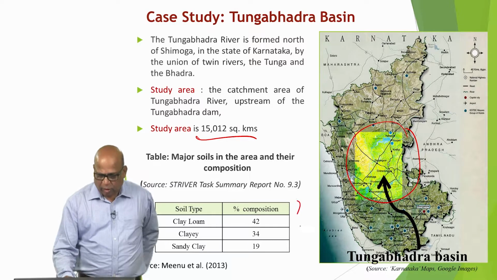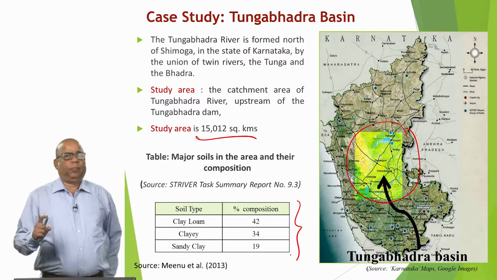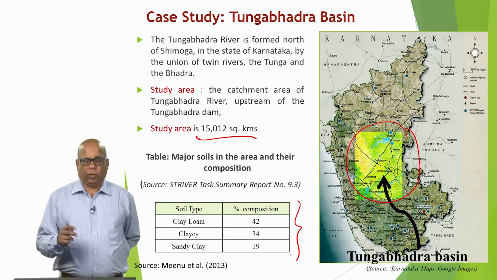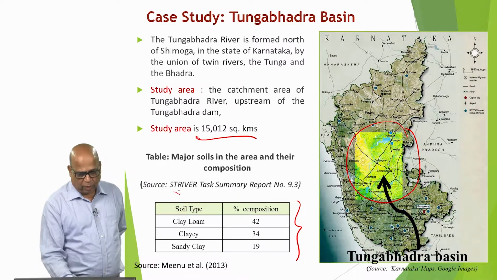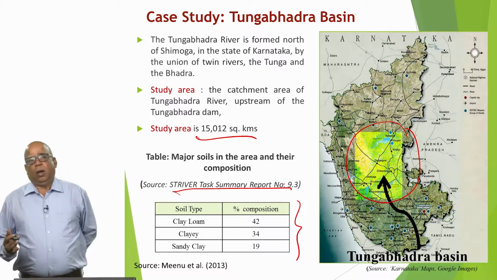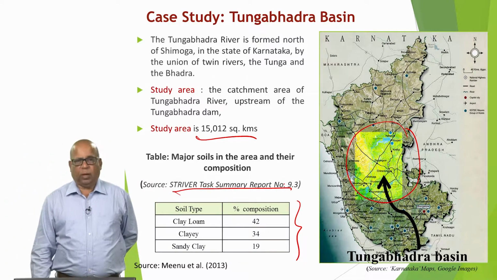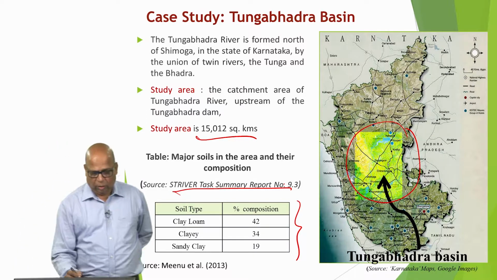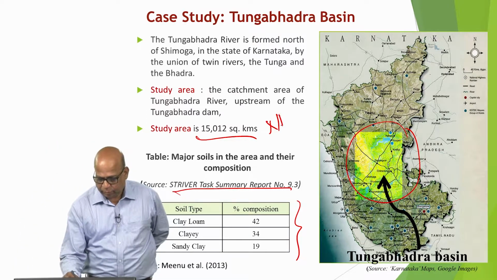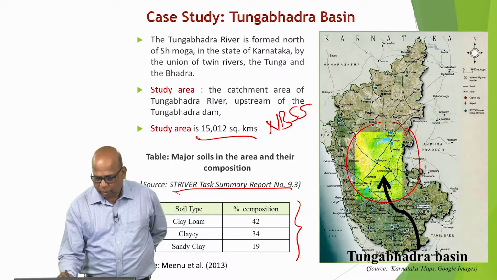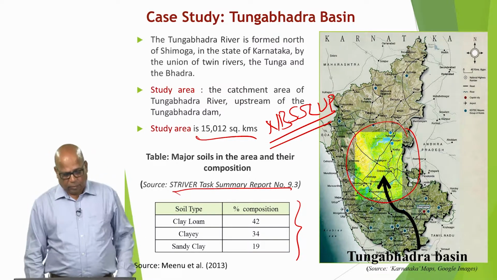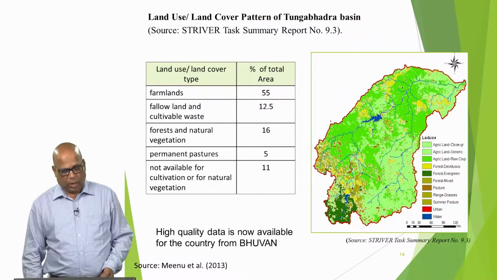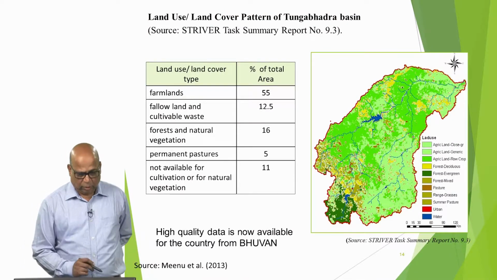We pick up the soil types, because in hydrologic models the soil types are important and soil data is necessary, and typically we get the soil data from global data sets or our NBSS LUP, National Bureau of Soil Surveys and Land Use Planning. Now, this government organization gives the soil data. So, from the soil data we get all the hydraulic properties of the soils.